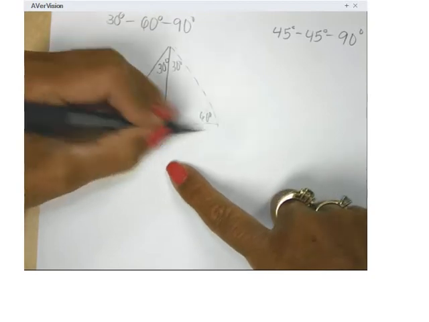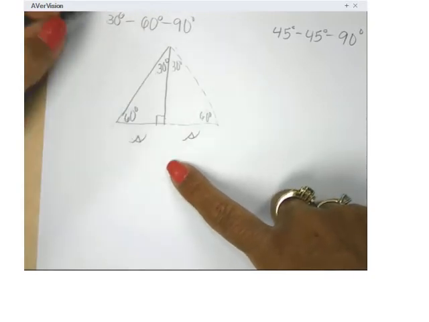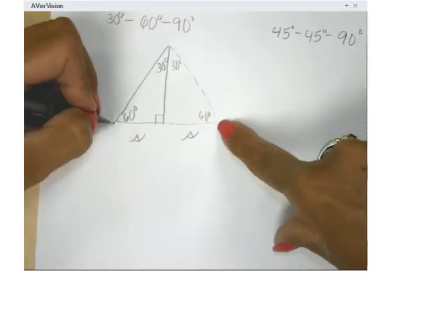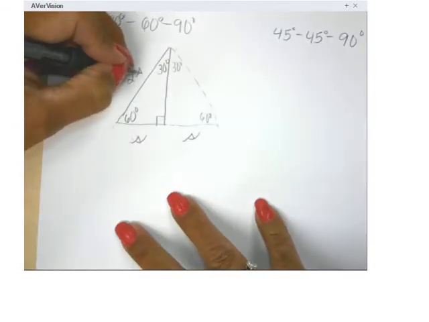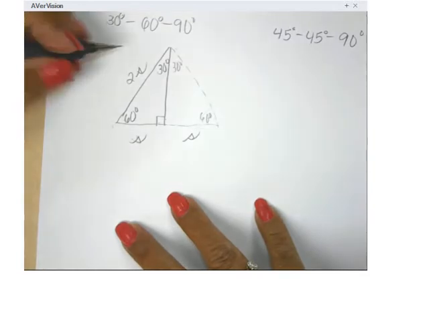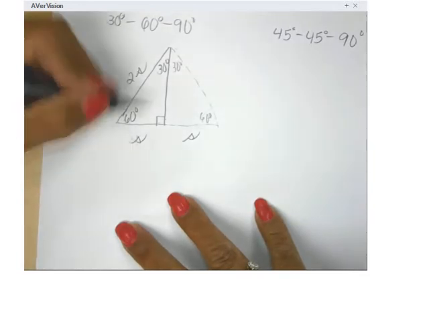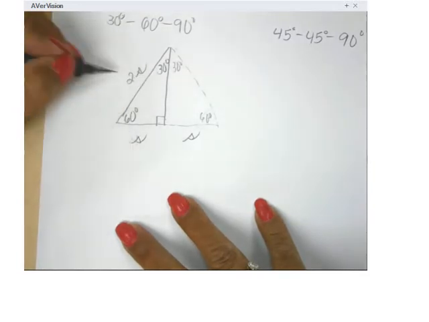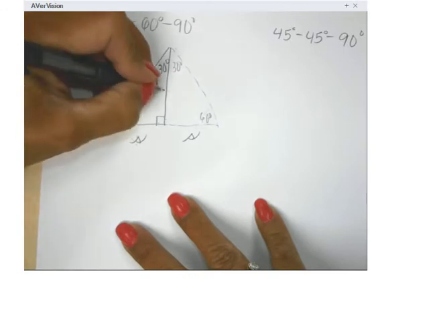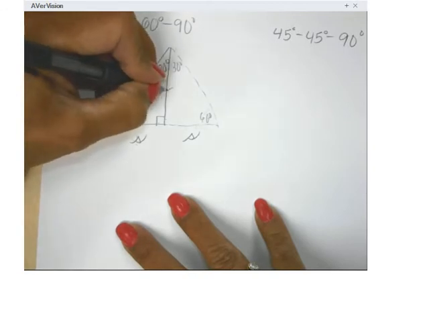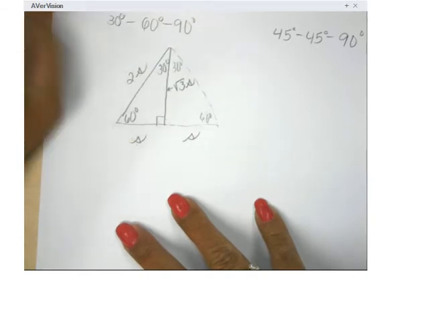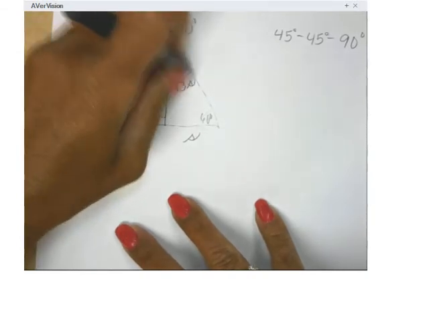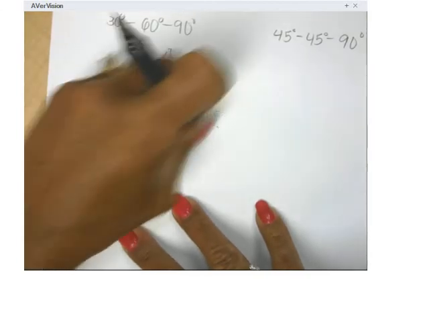So if this side is of length s, this side would be of length s, which means that this length has to be the same as this length. So this side would be 2s. And if we use the Pythagorean theorem, leg squared plus leg squared equals hypotenuse squared, we can prove that this leg right here has to be square root of 3 times longer than s.